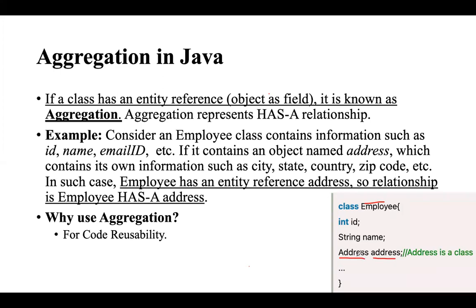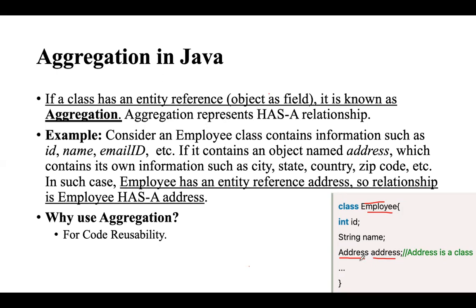So this Address is the name of some other class. And this address with small letters is an object of that other class, which we are defining in the field part of this Employee class.